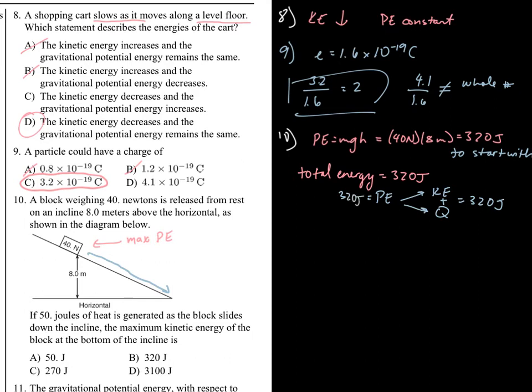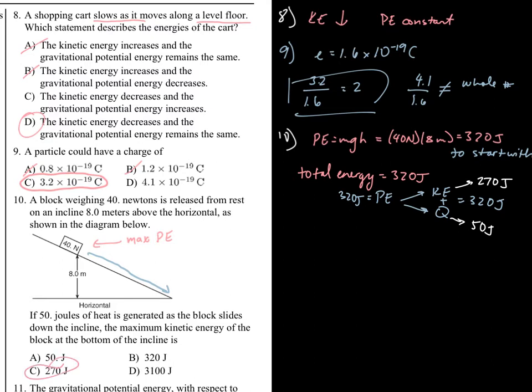So if this right here is already 50 joules, that means this over here has to equal 270 joules to still add up to 320 total.